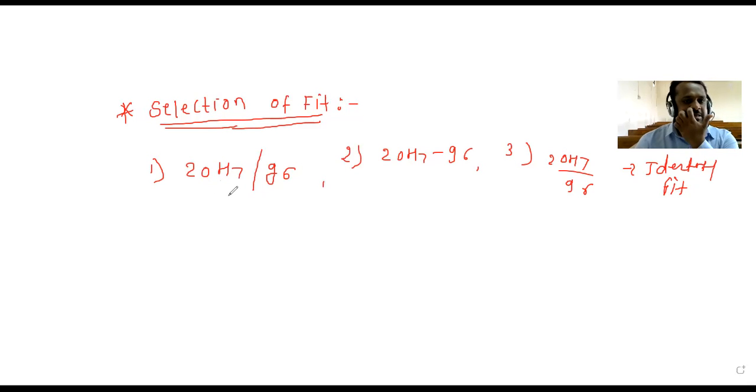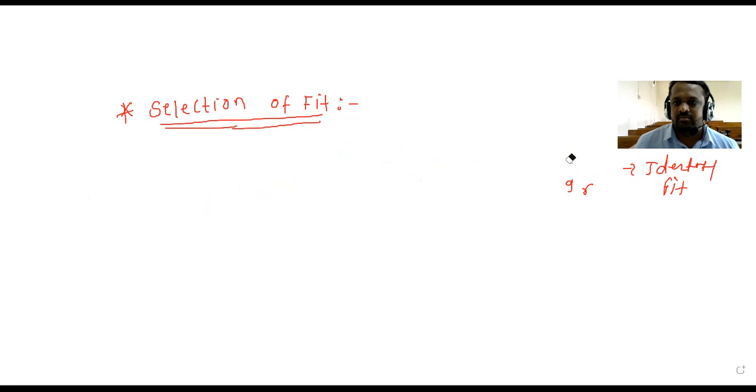Okay, in this manner they will ask the question, an MCQ type question. For this there is a simple trick, a technique, and I will explain how to identify the fits. First, we will explain the meaning of each and every term.